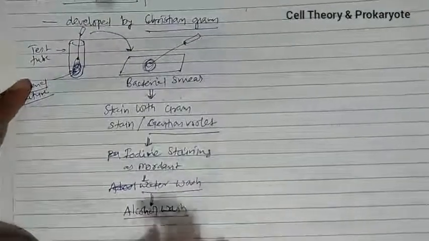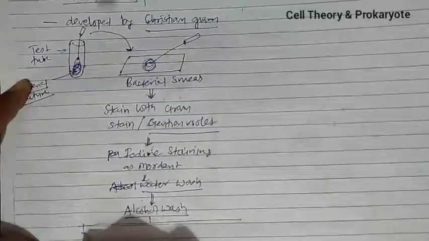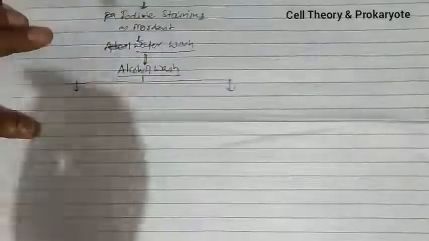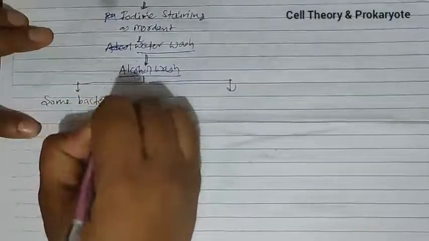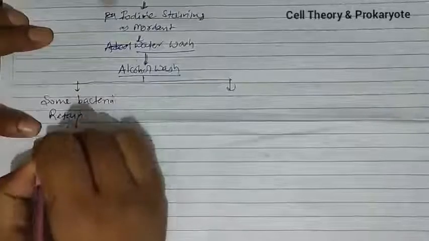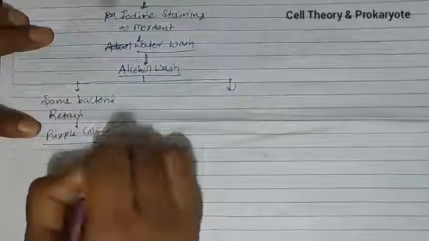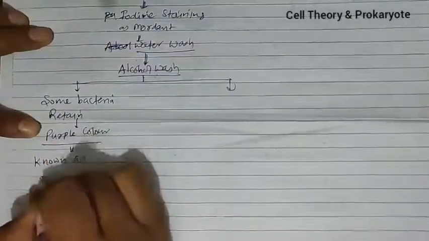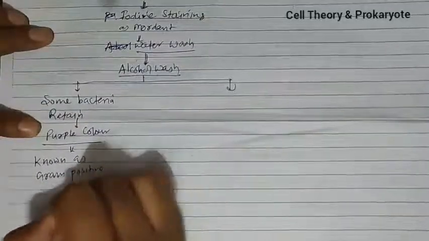After the alcohol wash, some bacteria retain the purple color and some lose it. Those that retain the purple color are known as gram positive.